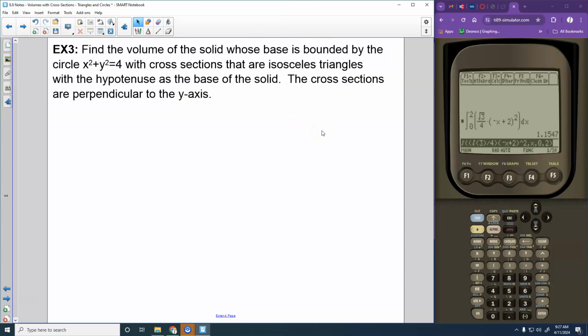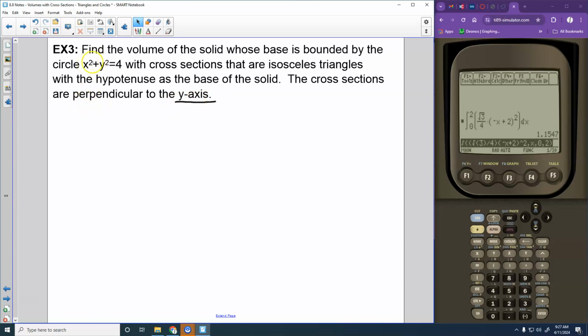Now, this one's a little bit funny because it gives you the equation of the circle, and it's not in terms of x or y, right? It's x squared plus y squared equals 4. It's what we call an implicitly defined function because it is not solved for either variable. If we want to do this with cross sections perpendicular to the y-axis, we want to solve that equation for x.